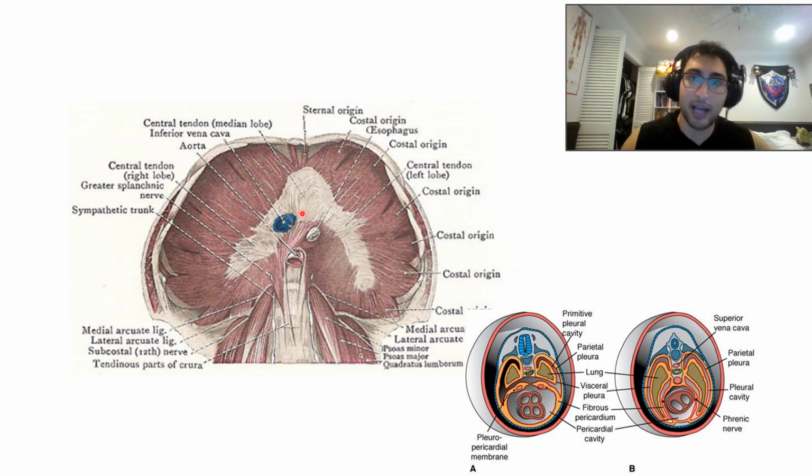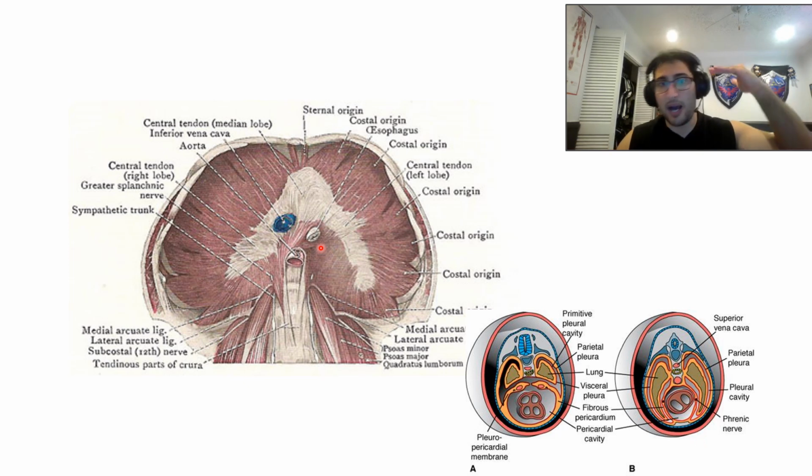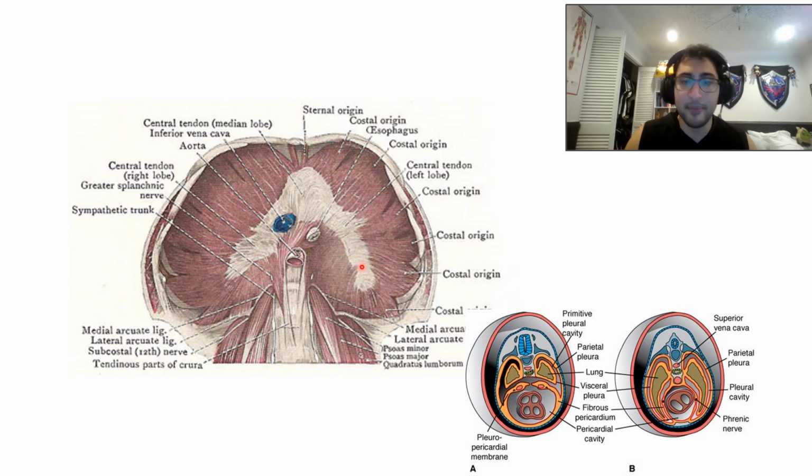So that's why the aortic hiatus is lower. The esophageal hiatus is a bit higher than that, and the superior vena cava hiatus is going to be the most superior. Okay, so you don't have to memorize that it goes superior vena cava, esophagus, aorta in terms of where the openings are in the diaphragm. You can remember it because of this configuration.